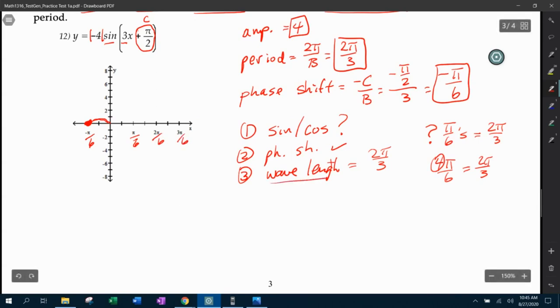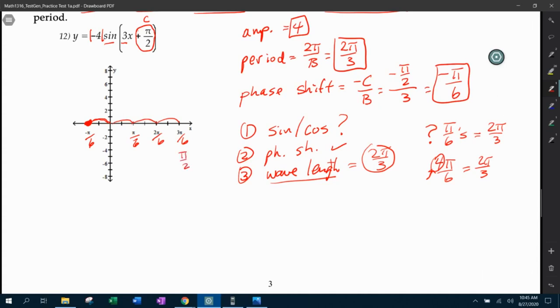So the wavelength is 2 pi over 3, and it's going to take 4 pi over 6 to equal 2 pi over 3. So from our starting point, we're going to go 1, 2, 3, 4. And that means we're going to end at 3 pi over 6, which reduces to pi over 2.